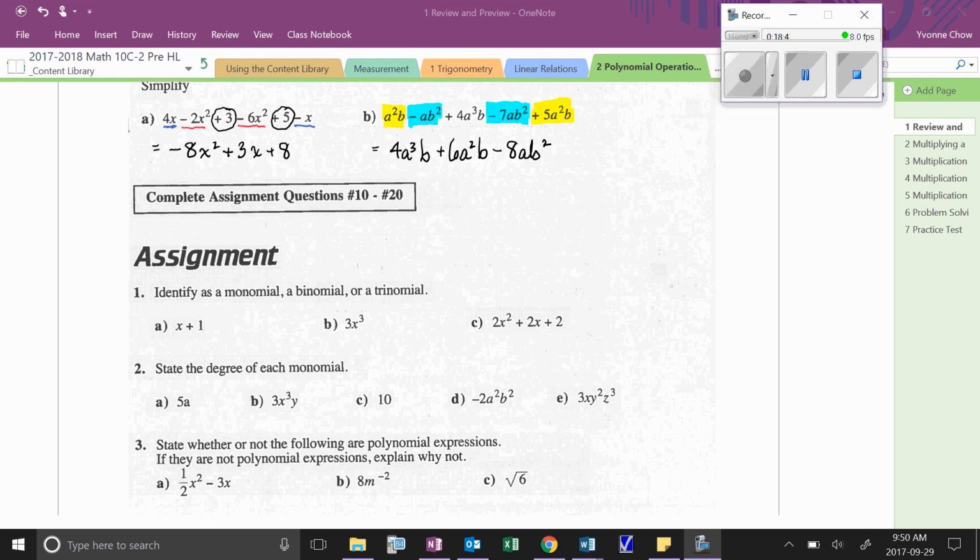So taking a look at these examples, so again, for the first one, I've rewritten them, combined my like terms and rewritten it in descending order of degree.